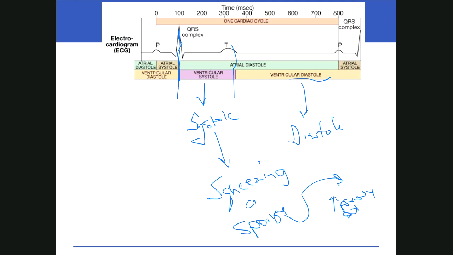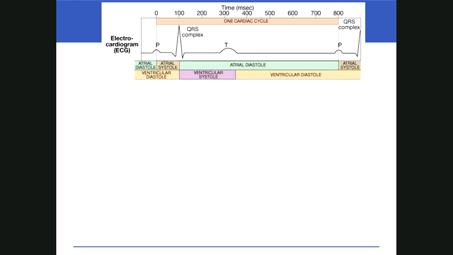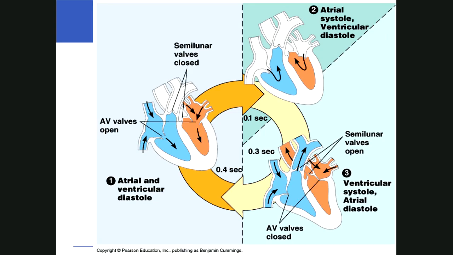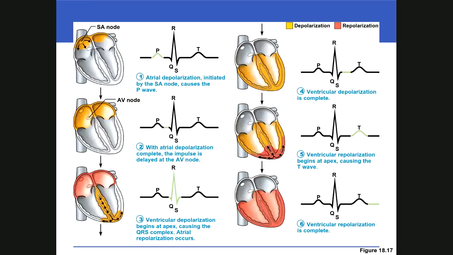So the P wave is, no. Remember, P wave and T wave are not contraction and relaxation. Let's go back to this. Remember, the P wave is depolarization. Contraction happens between depolarization and repolarization.